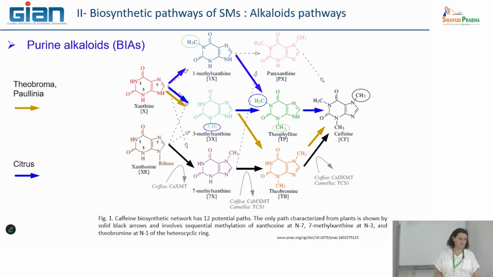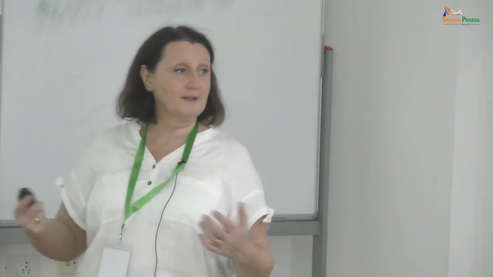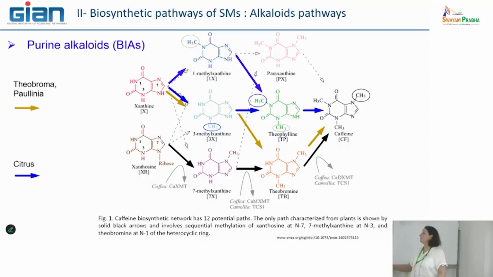This is hypothesis. We need to see if we can find genes encoding enzymes that can, for example, transform xanthosine into 3-methylxanthine. But what we have already found is the enzyme that is able to transform xanthosine into methylxanthine. But this other precursor, xanthine, can also be integrated in this pathway or in this one.